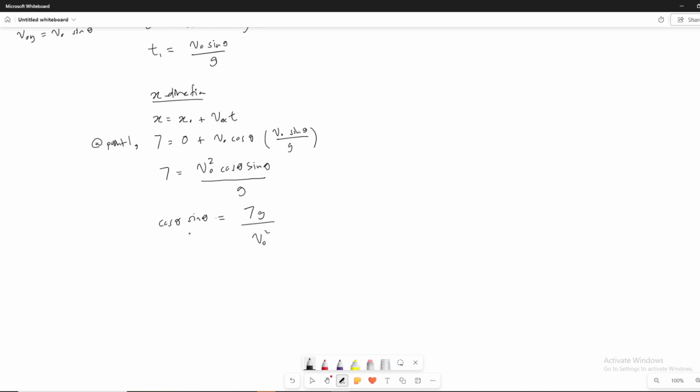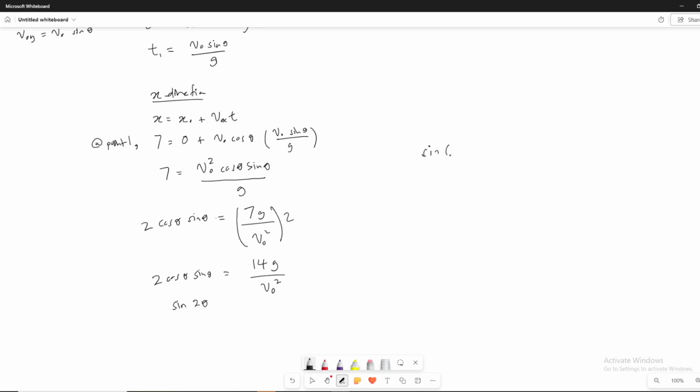If we multiply both sides by 2, we get 2 cos theta sin theta equals 14g over V naught squared, and this is sin 2 theta. Why?